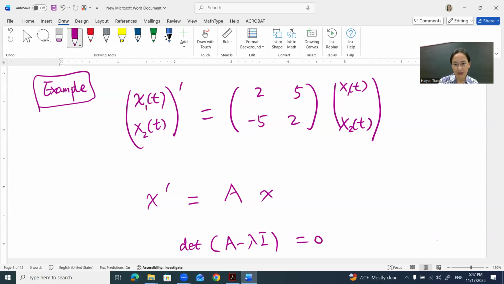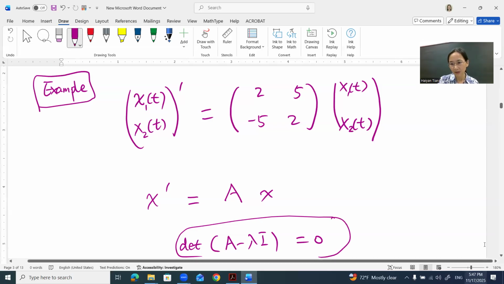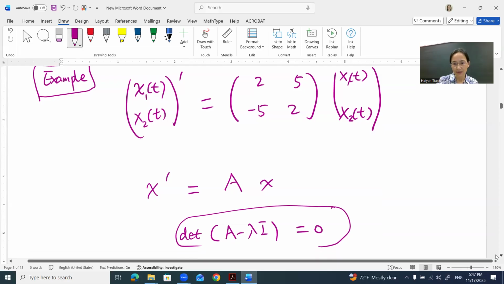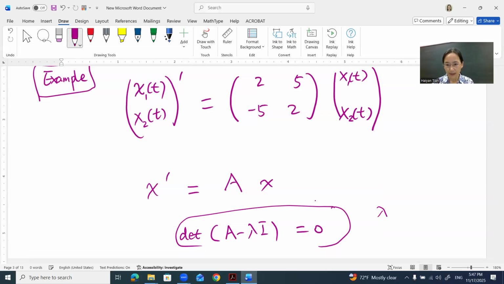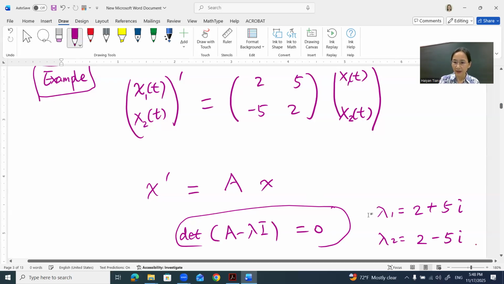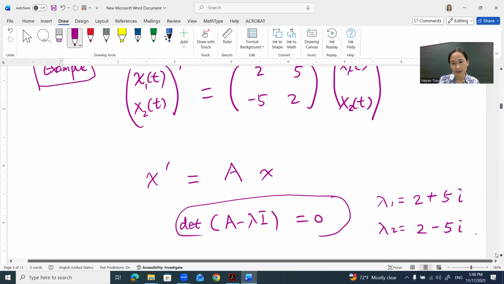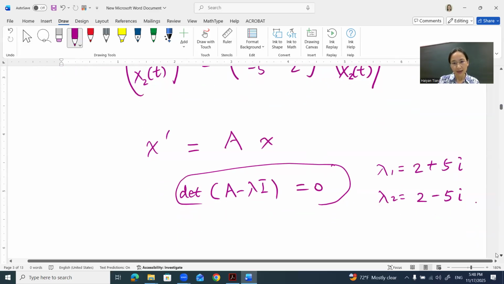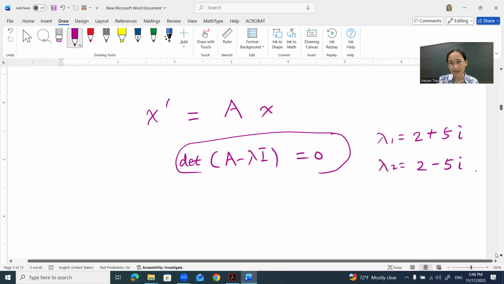By solving this, we find lambda to be complex values. We have lambda 1 being 2 plus 5i, and lambda 2 being 2 minus 5i, and they are complex conjugates.